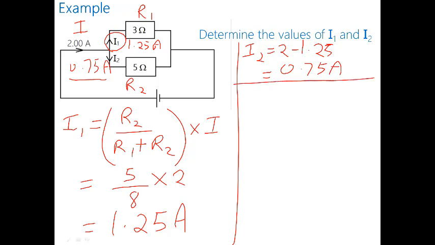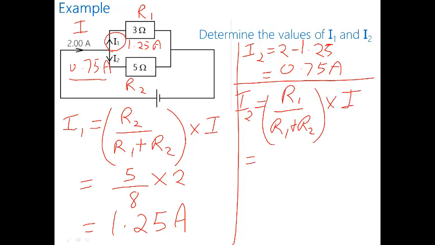Using the formula, you can still say I2 is equal to R1 on top over the sum of the 2, then times I, which will be 3 over the sum of the 2 which is 8, times 2, which is going to give you 6 over 8, which is same as 3 over 4, which gives you 0.75 amperes.